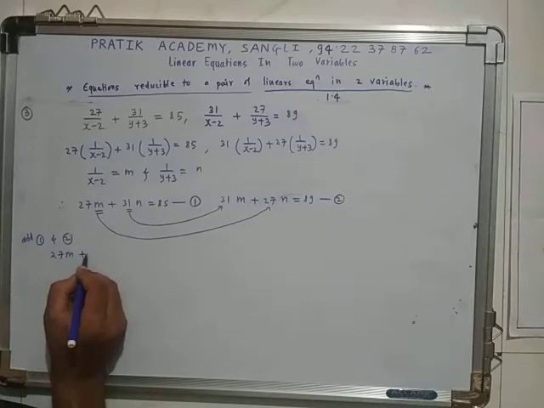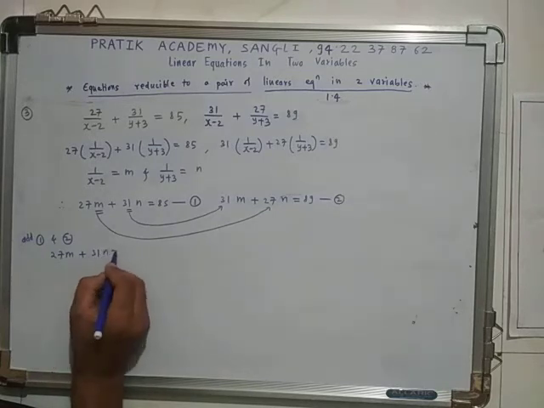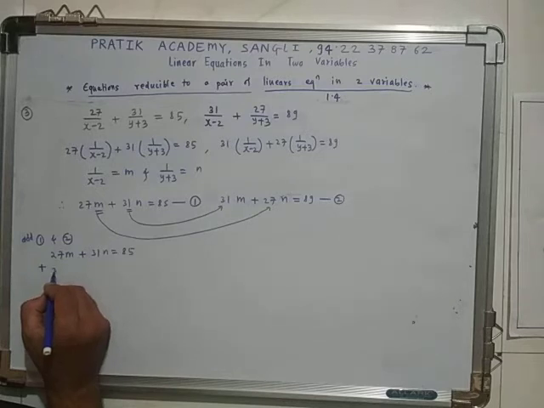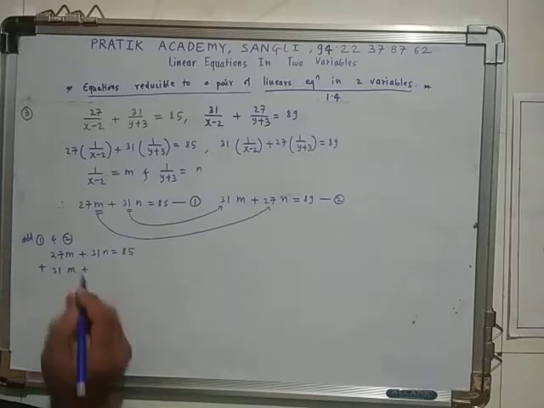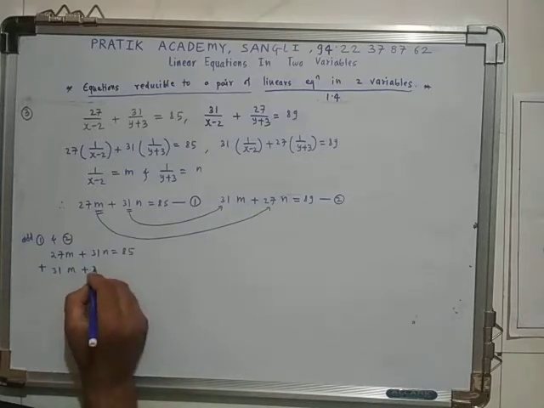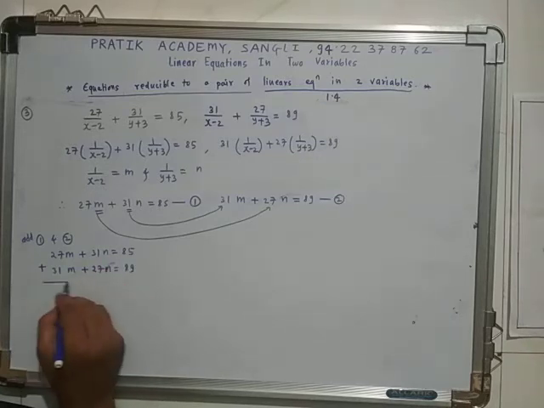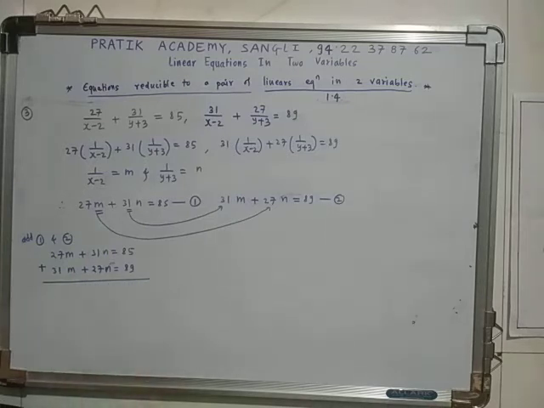27m plus 31n is equal to 85, plus 31m plus 27n is equal to 89. Do this addition. Yes, what will happen?